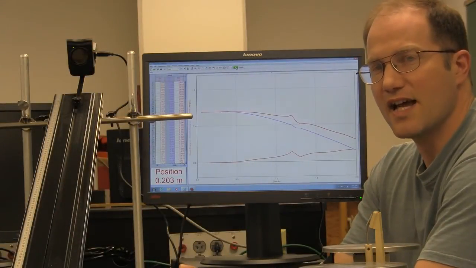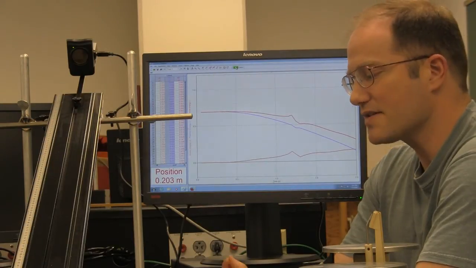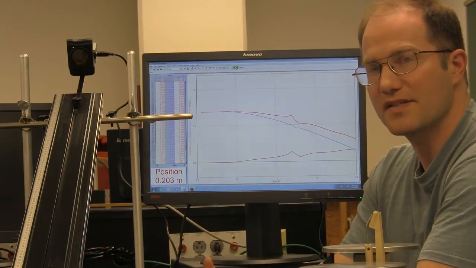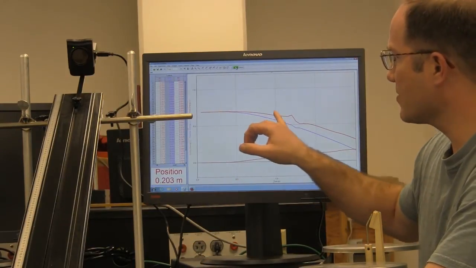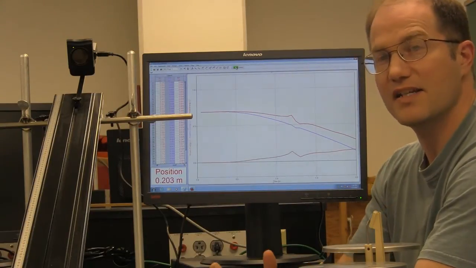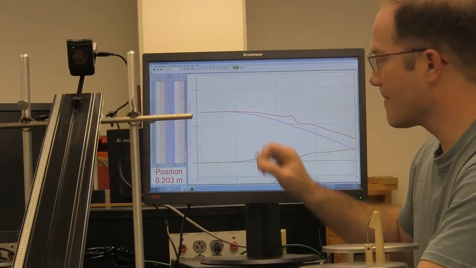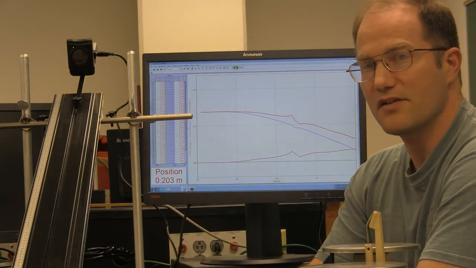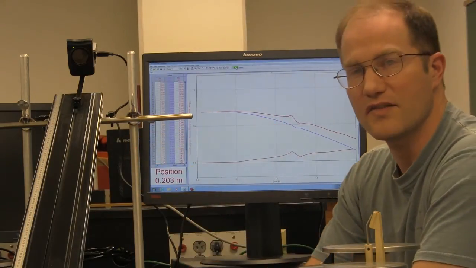The last part of this lab is to calculate what that force of friction was. And because the work due to the non-conservative force is equal to the force times distance, well, we can determine how much work was done by the non-conservative force by a decrease in mechanical energy from one point to another. And so between that point and the other, you can also determine a corresponding change in distance as it moved down the track.